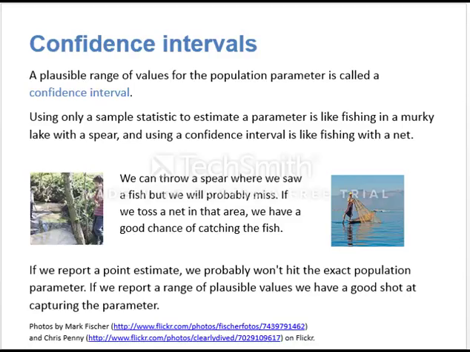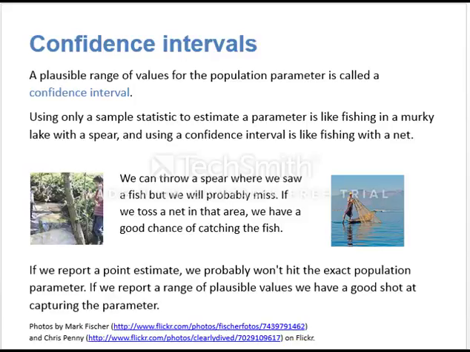So finally, we get to confidence intervals, and I like to talk about confidence intervals after describing sampling distributions because there's a really nice tie-in there. I like to first describe a confidence interval as being a plausible range of values for a certain population parameter. The main reason we use a confidence interval is it's, quote, casting a wider net. So imagine trying to fish.